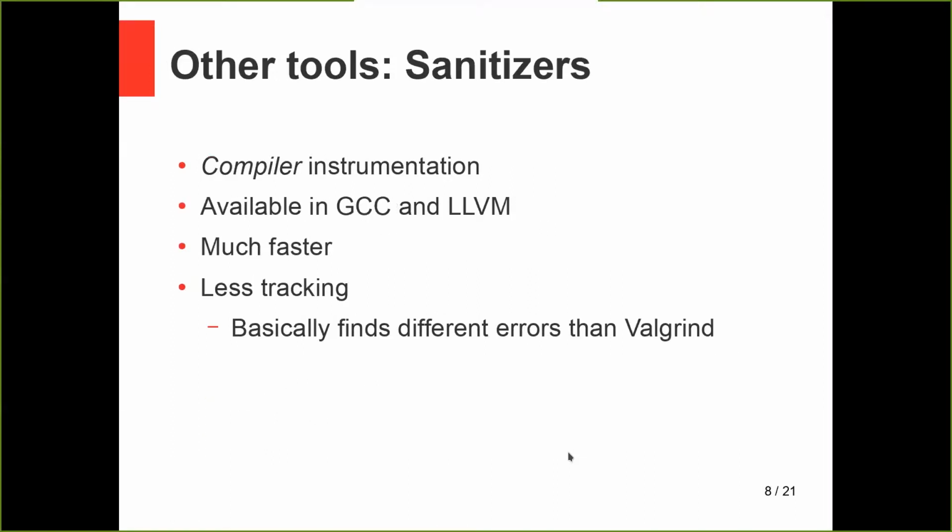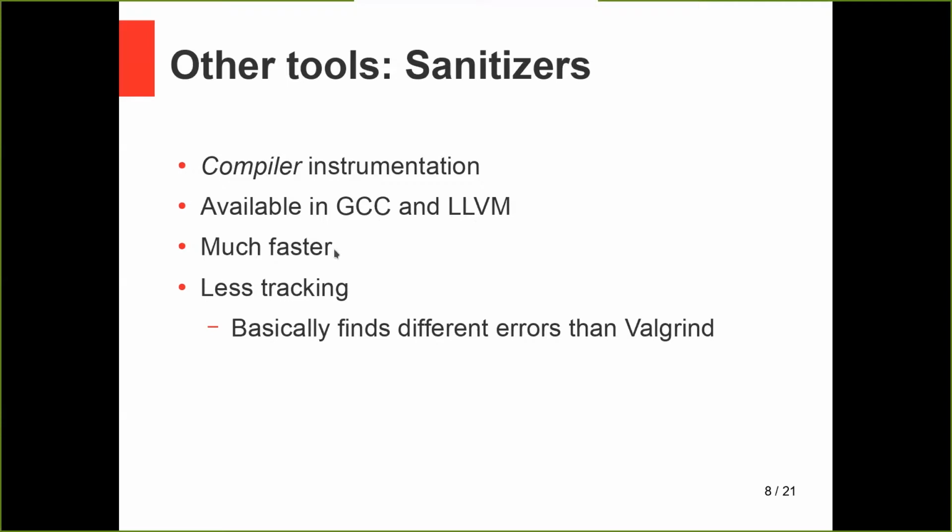In addition to Valgrind, just to be a little bit more complete, there are also other tools which exist. These tools, for example, are the sanitizers. Sanitizers are a type of tool which instruments directly from within the compiler. They're available for Linux with GCC, and for Linux and Mac OS X with LLVM.